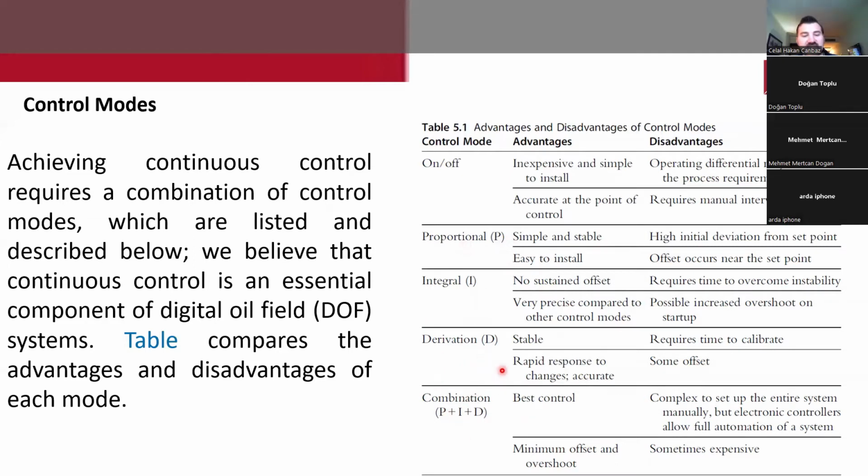This is the latest technology in controlling mechanisms, by the way. The derivative is the stable one, but it requires time to calibrate. From time to time you have to pull out a fault. For example, if you are working with the downhole, you have to pull it out. It has rapid response to change and accuracy, but it also gives some offset timing.